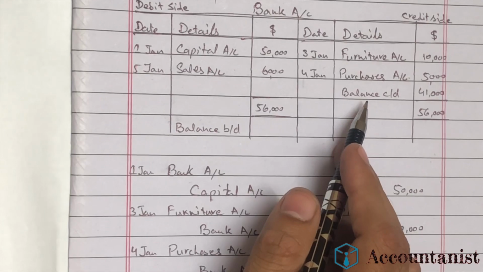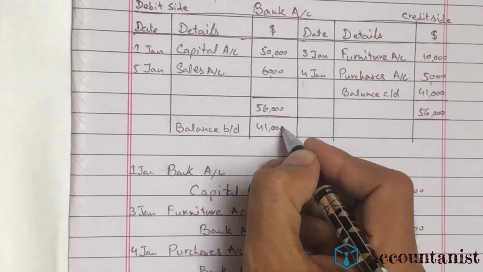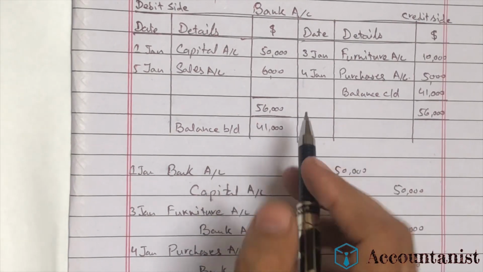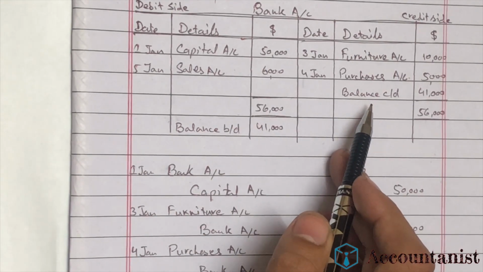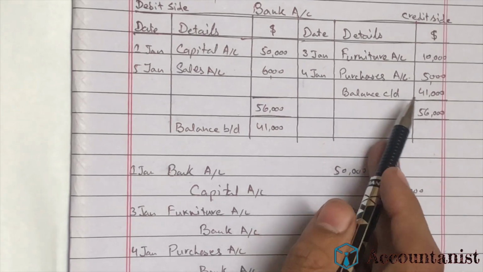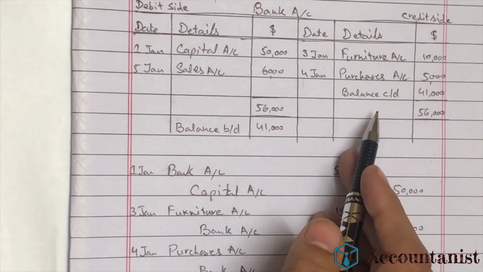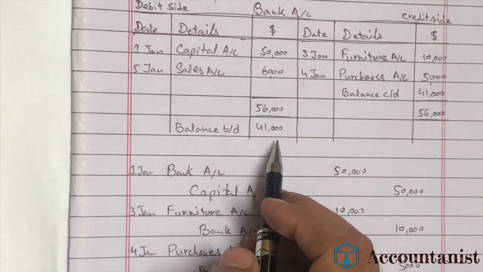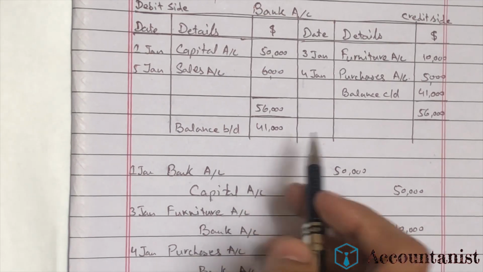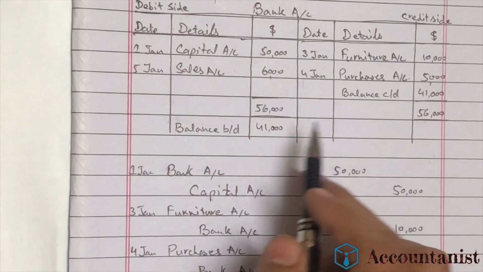So the same account will come up down here. Similarly, if we have a closing bank balance of 41,000, obviously in the very next day it will be our opening balance with the same amount. So here, for this closing balance and this opening balance, the date will come up.